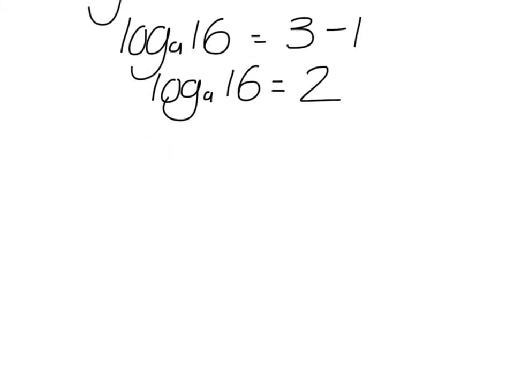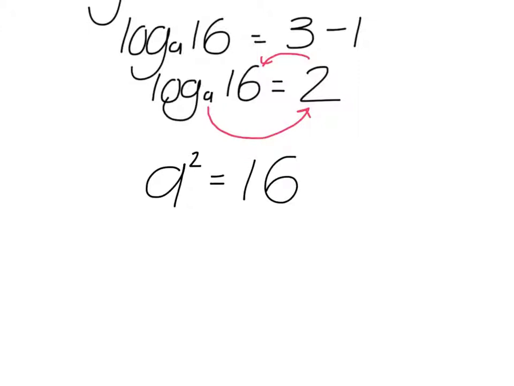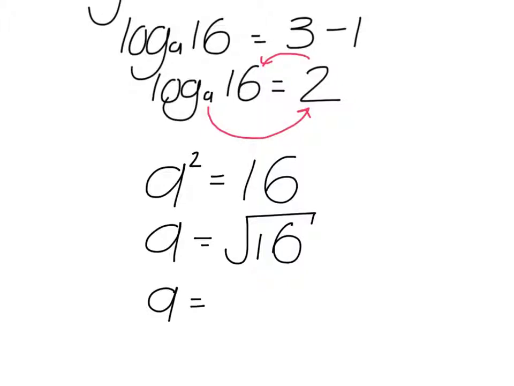What we now need to remember is the technique that we've used before, this arrow technique, which tells us that a to the power of 2 is equal to 16. If a to the power of 2, or a squared, equals 16, that then means that a is the square root of 16, and the square root of 16 is 4. Since it's a log, we know the answer is positive.